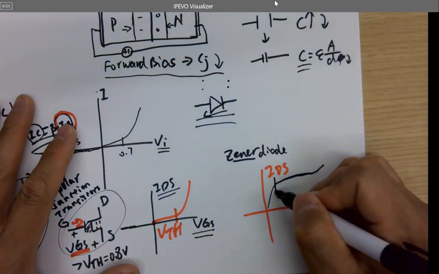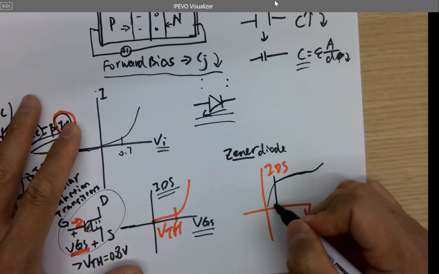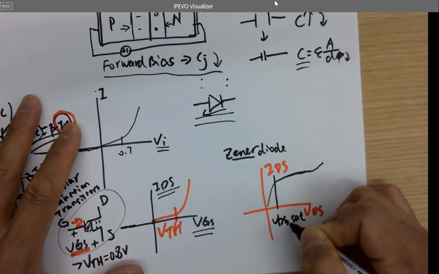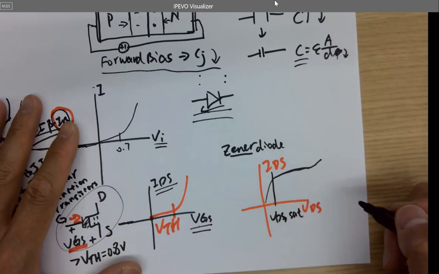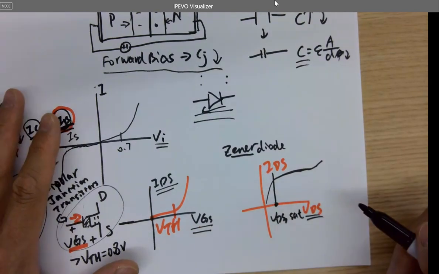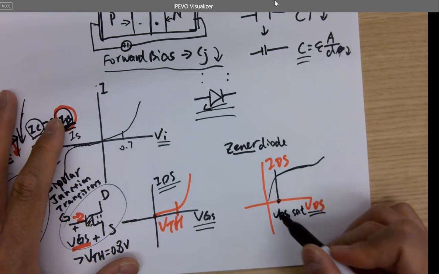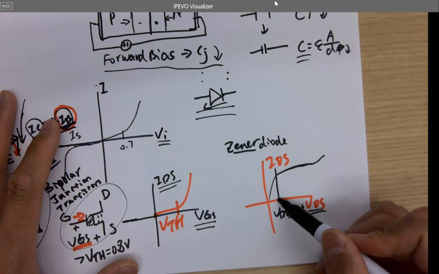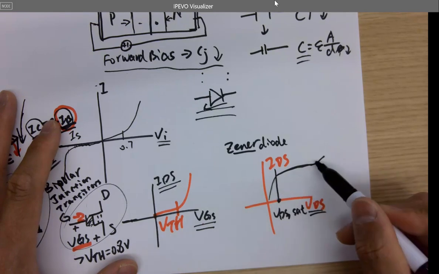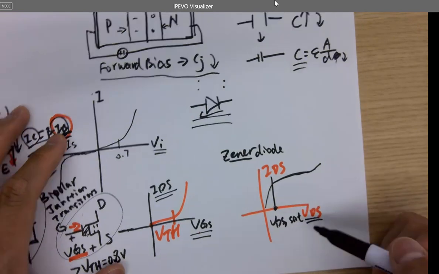It saturates, and this voltage is called VDS,sat, the saturation voltage for VDS. After that voltage, the current is not changing too much anymore. So we are looking at VDS in this case.